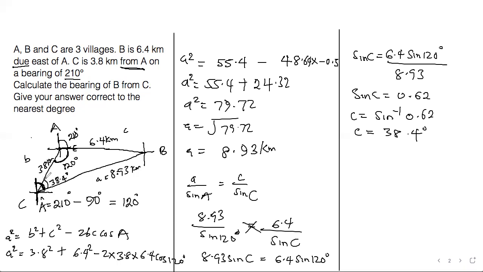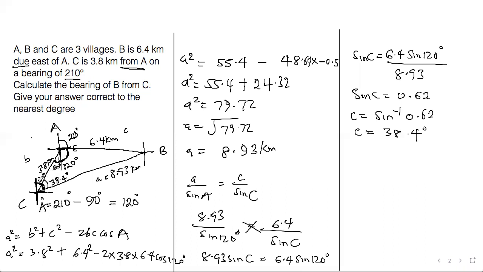How do I get that? I know this angle as 38.4, so I just need this small part here. I can get that from here. This is 120, so from here to here it should be 90 degrees, which means from here to here will be 30 degrees. That's alternate to this angle here, 30 degrees.